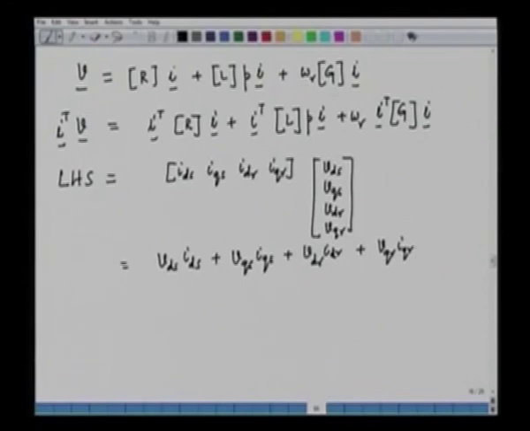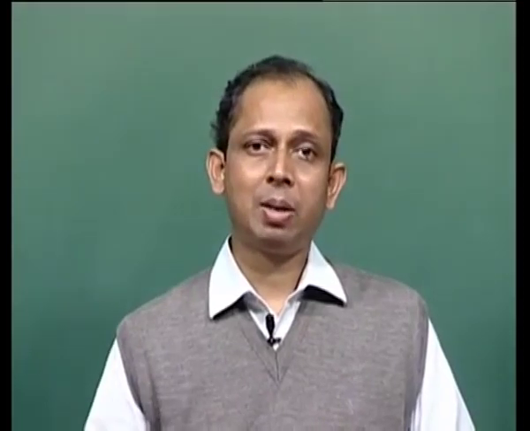As we know that in the Kron's primitive machine model, we have 4 different windings, DS, QS in the stator, DR, QR in the rotor. So the electrical power input to the whole system is VDS IDS, VQS IQS, VDR IDR plus VQR IQR. So that's basically the left hand side of the equation.